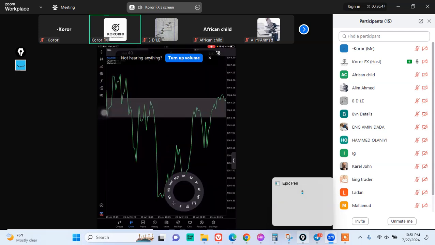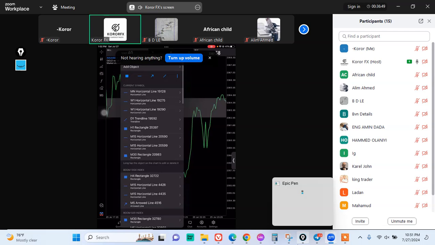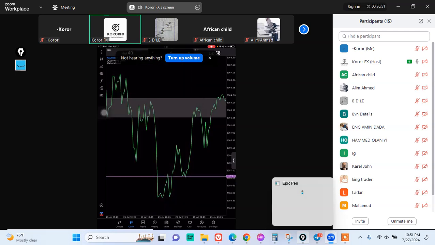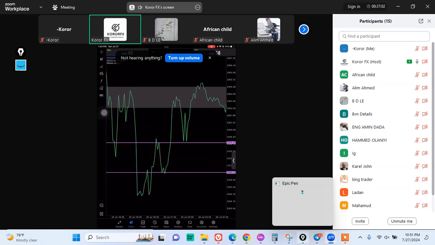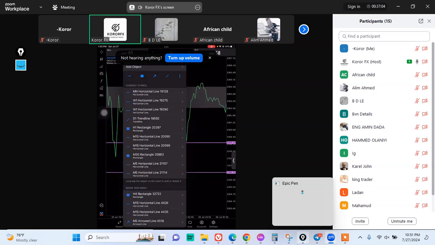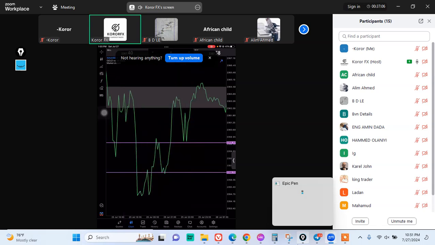So let us go to the lines and then put this one here. And then I will also use this one. Since it's very big, sizing the zone is also very good. You have to refine it. If it is bigger than 30 pips, it's really very bad.